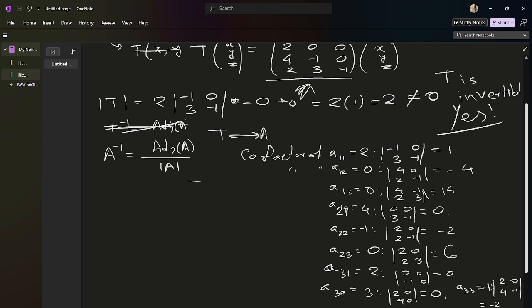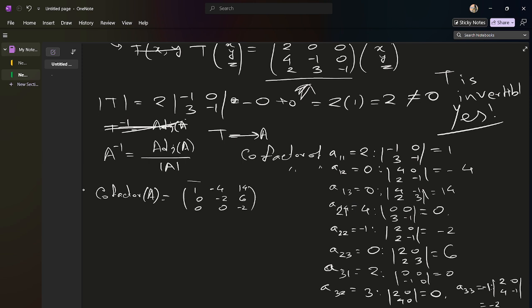So our cofactor matrix of A will be 1, minus 4, 14; 0, minus 2, 6; 0, 0, minus 2. Now we have to find the adjugate of A.